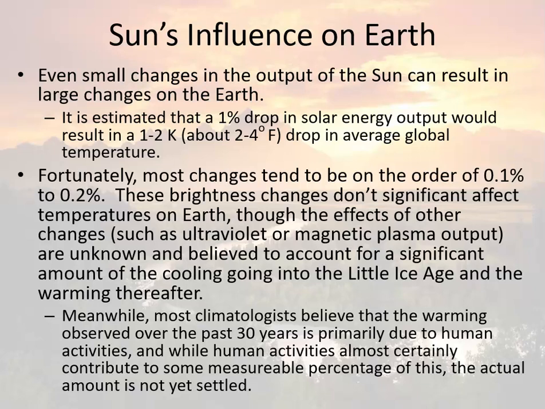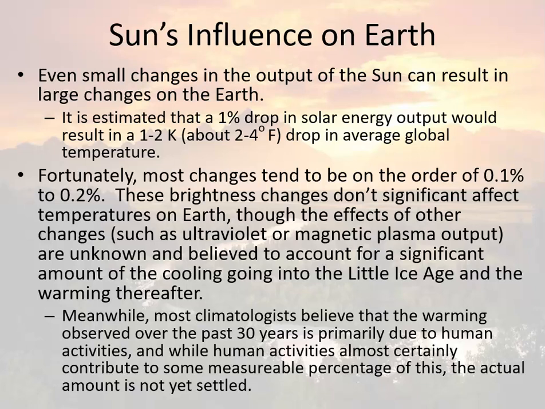Okay, so next we turn our attention to our sun's direct influence on Earth in terms of the climate. You can figure that obviously, since our sun is the vast majority of our energy source, it's going to play a very major role in our climate. In fact, a 1% drop in solar energy output would result in a 1 to 2 Kelvin drop in global average temperature.